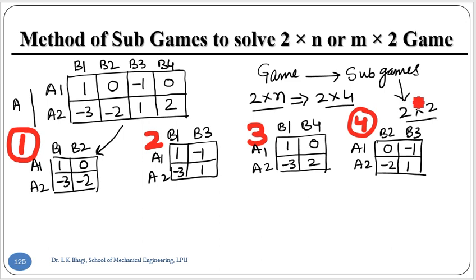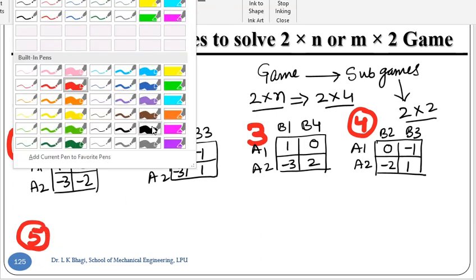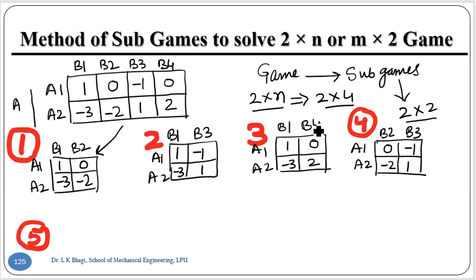Next we can see what combination is possible over here. We can check it out. Now, the fifth subgame possible over here is b2, b4, since b2, b3 we have done.